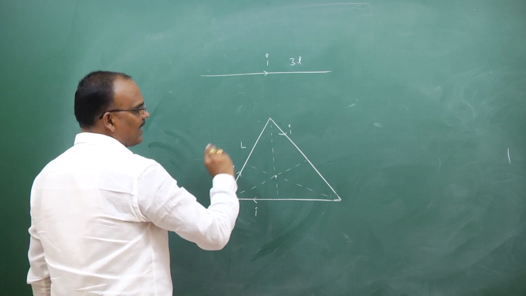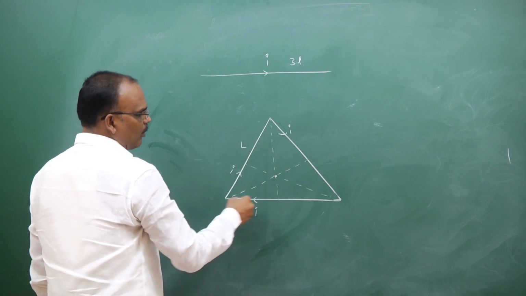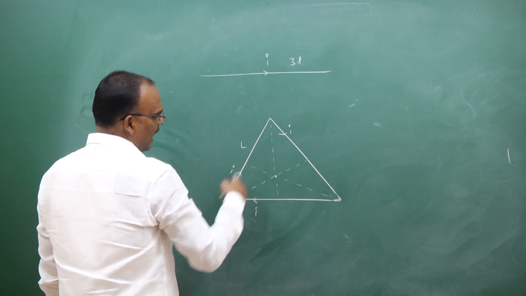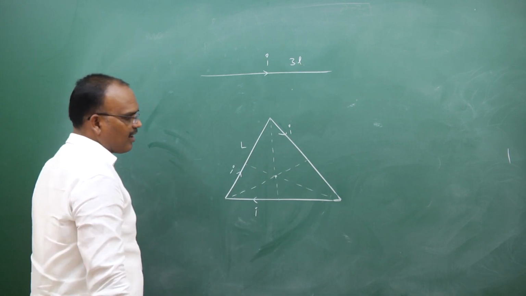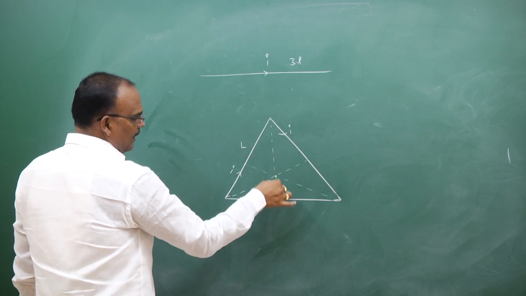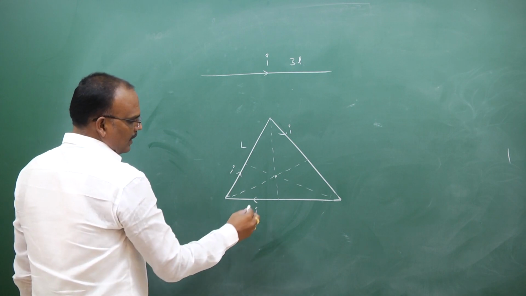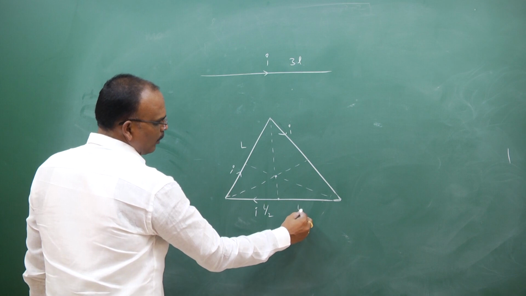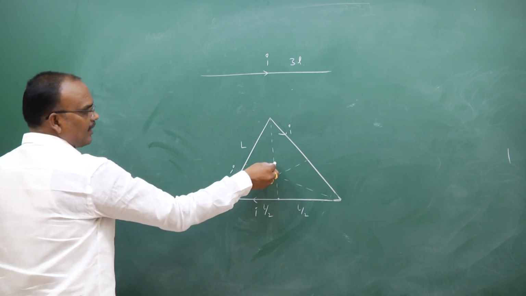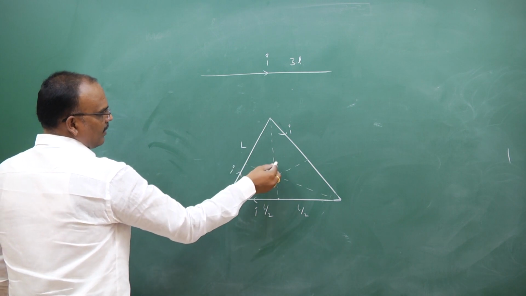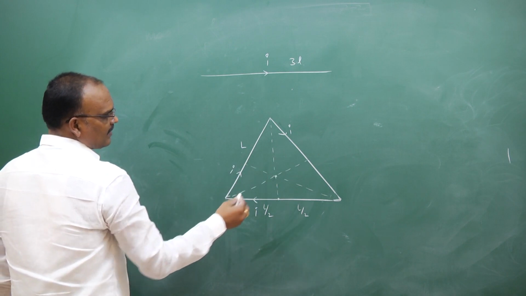If L is the side of the equilateral triangle, because the length is 3L, it is bent in the form of an equilateral triangle of side L. Okay, so I need to find the median length. Here to here it is the median, it divides the base into two equal parts, L by 2, L by 2. So the length of this median, this is the hypotenuse, one is the opposite side, another one is the adjacent side.